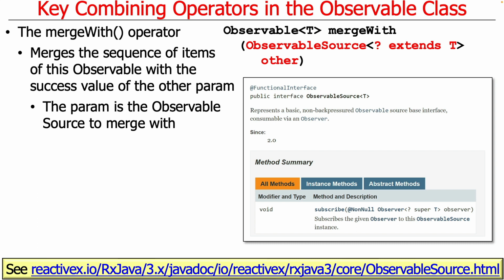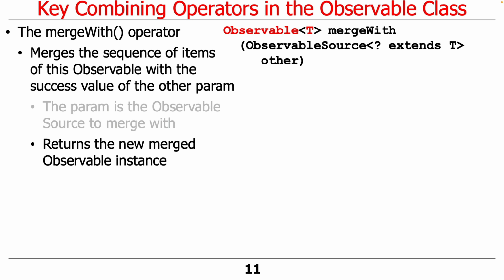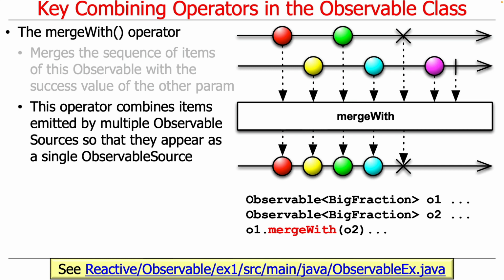So we'll say observable.mergeWith, and then we'll give it the other observable. So both things will be kind of glommed together. And it returns the new merged observable instance. So it'll be the two things combined together. This operator combines items emitted by multiple observable sources so they appear as a single observable source down the rest of the stream.